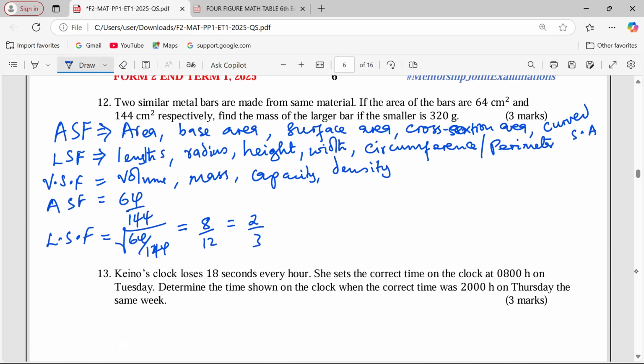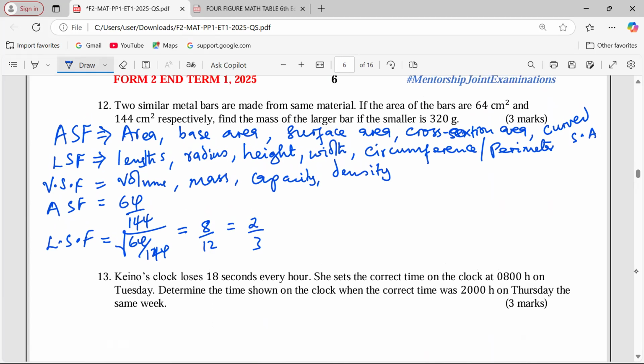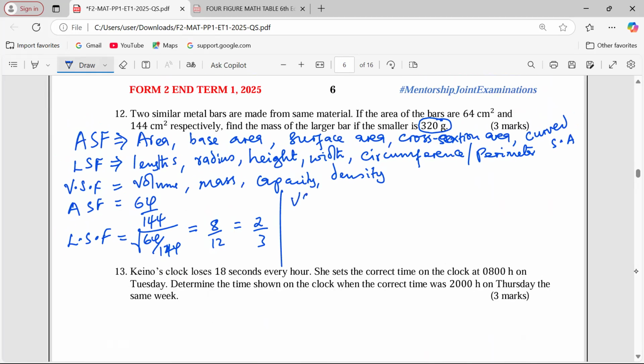Now, if it is 2/3, because we are talking about mass, which is a three-dimensional quantity, then the volume scale factor is usually gotten by the linear scale factor raised to power 3, which is 8 over 27. That is the volume scale factor. Now, this is volume of the smaller over volume of the larger. Which volume has been provided?